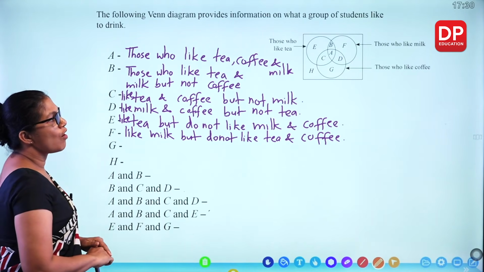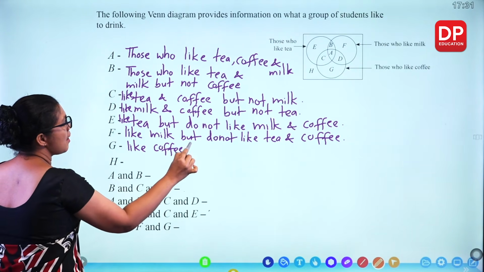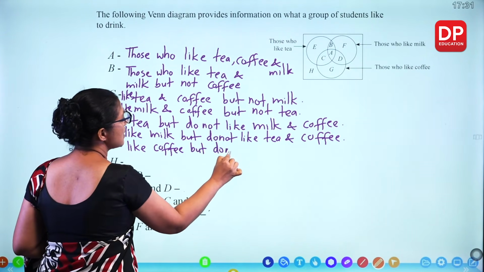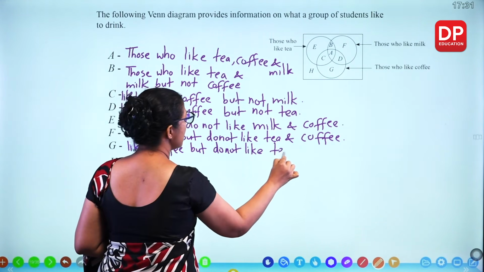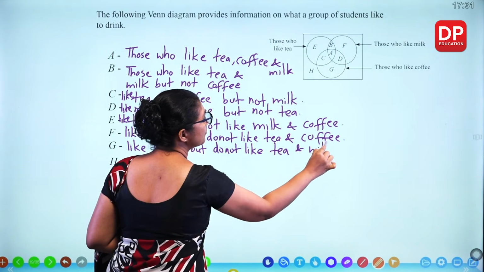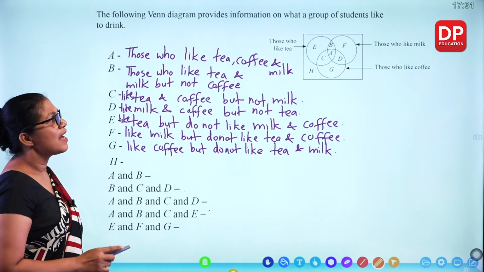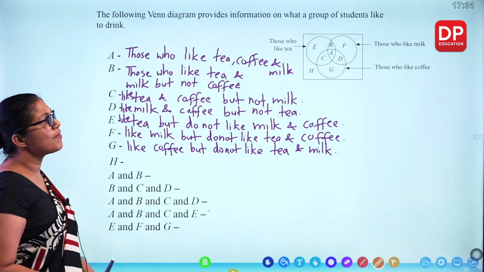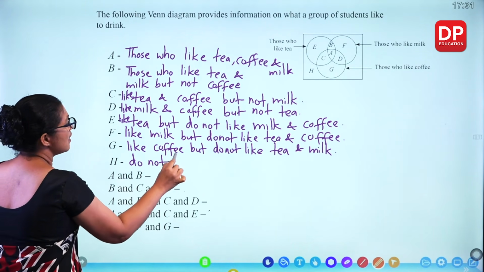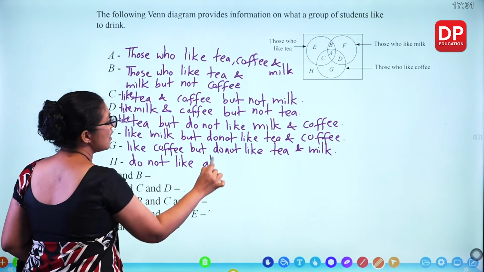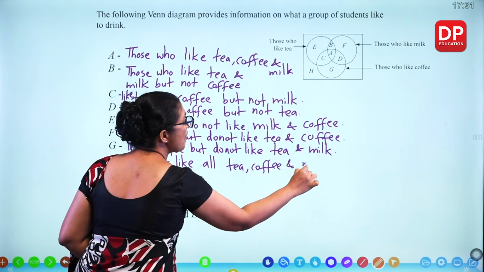So, like coffee but do not like tea and milk. H is outside the three circles. That means they don't like tea or coffee or milk. Do not like all: tea, coffee and milk.